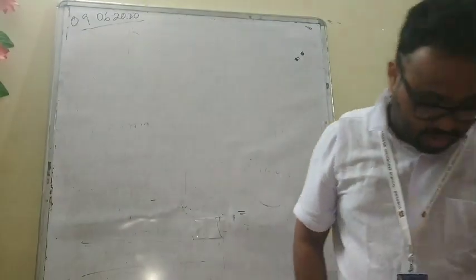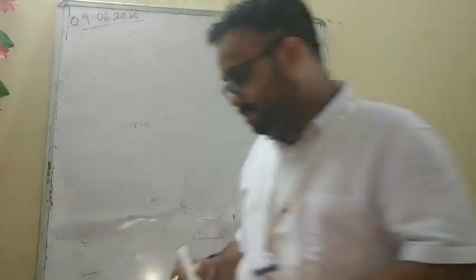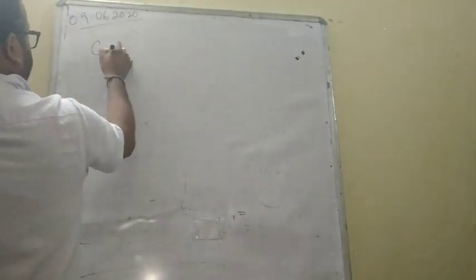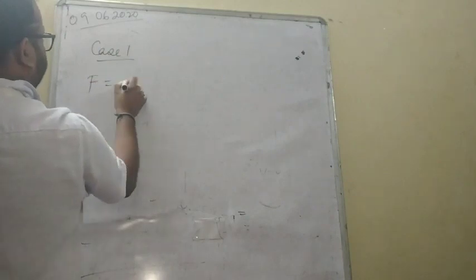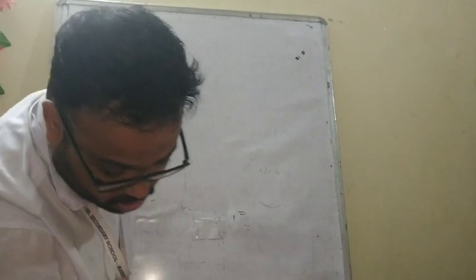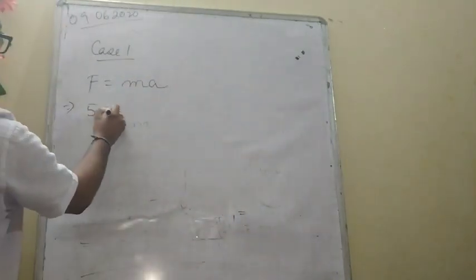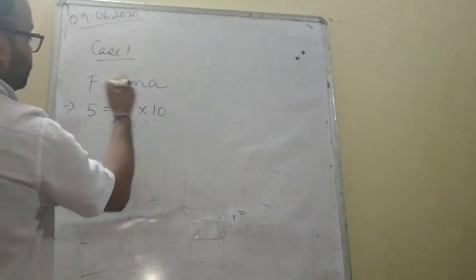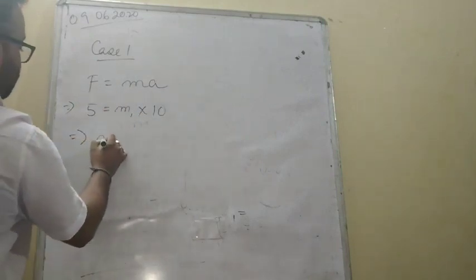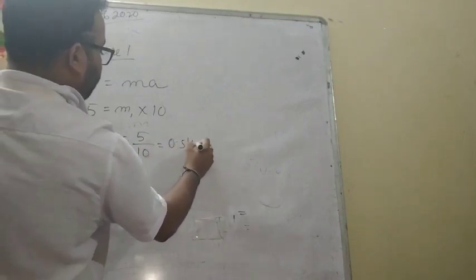Case 1, force is equal to ma. 5 Newton is given with m1 and acceleration 10. So this implies m1 is equal to 5 by 10, that is 0.5 kg.